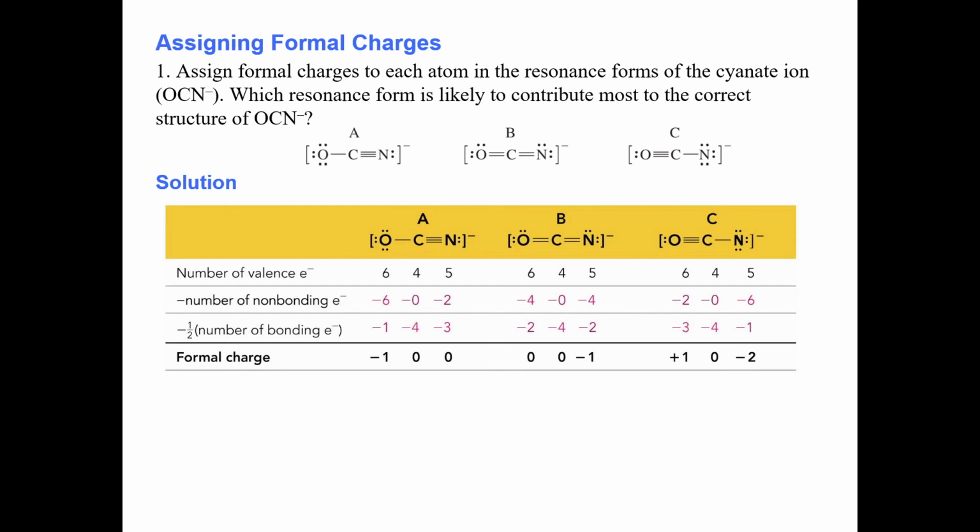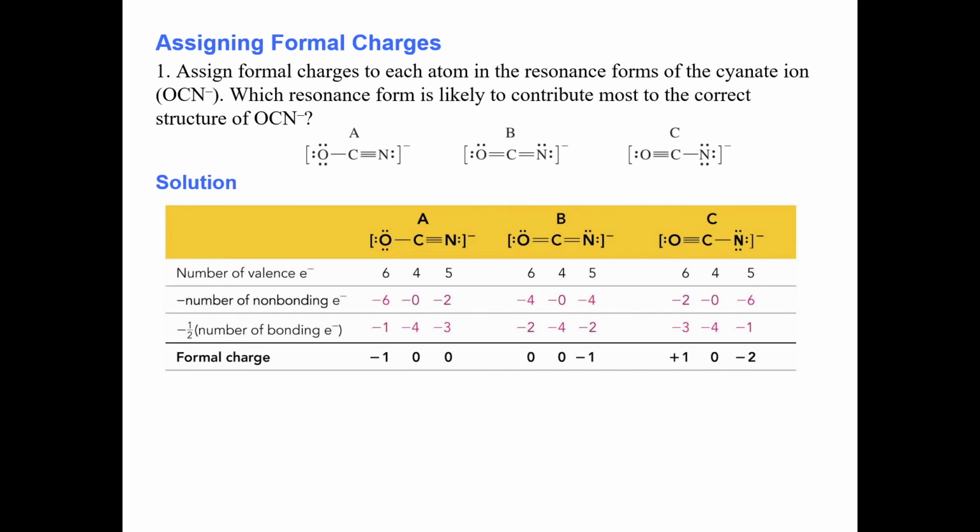Okay, that doesn't work out for us here because this is a polyatomic ion, so overall it's going to have a -1 charge for the cyanate ion. So we can't have all of these formal charges be 0. Okay, so let's move on to the next tip, which is if we have to have formal charges, they got to be as close to 0 as possible.